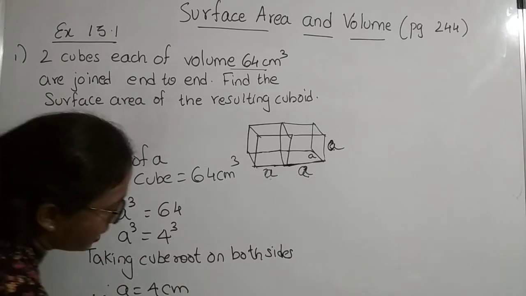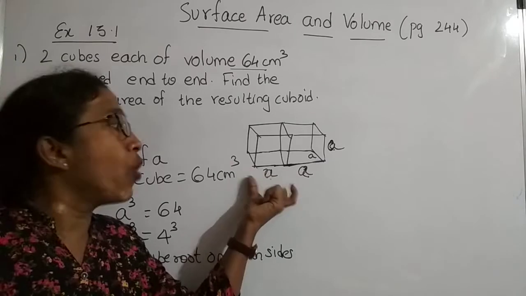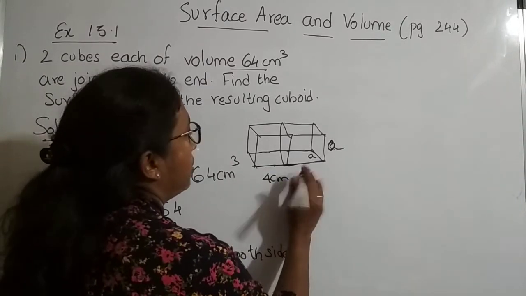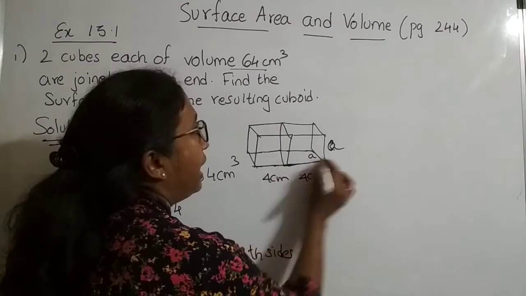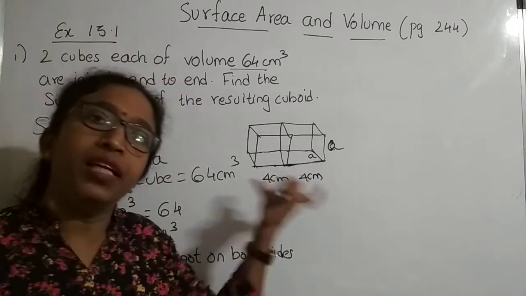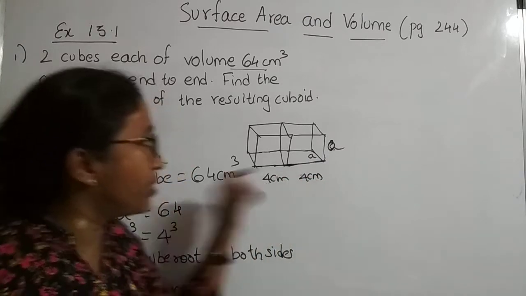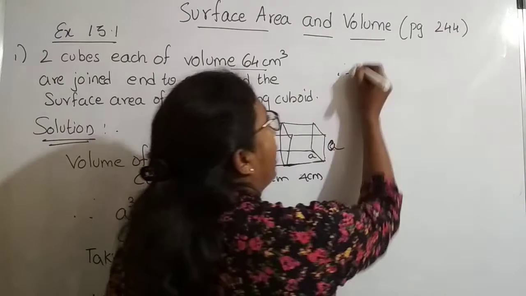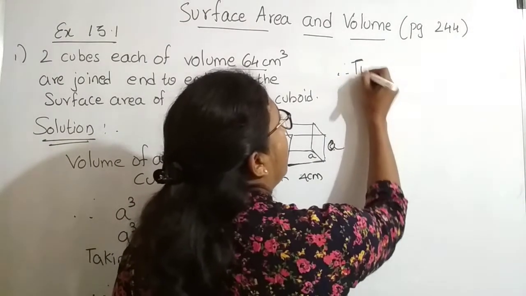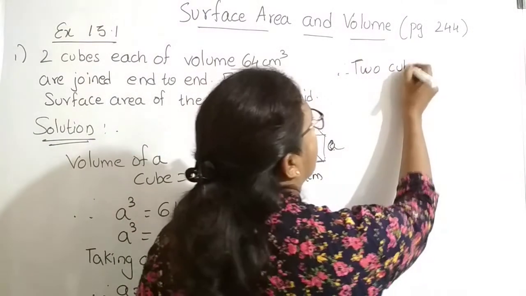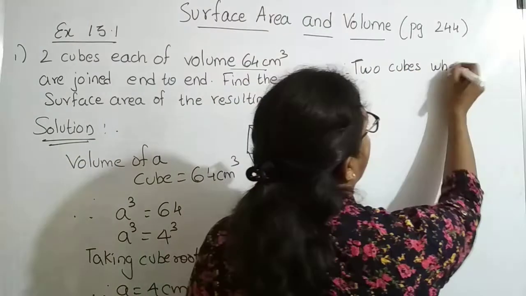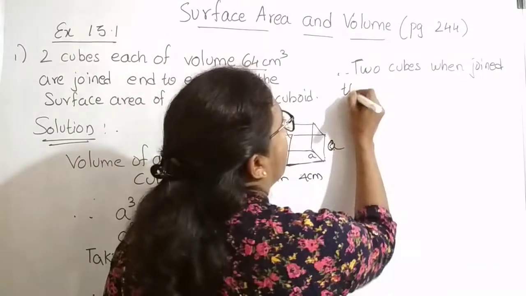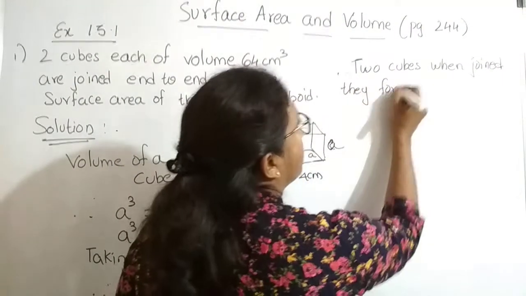So once we get the side, that is our A, we got A, this is 4 centimeter. This is also 4 centimeter. So the length has changed. For the resulting cuboid, the length is 8, breadth is 4 and height is also 4.